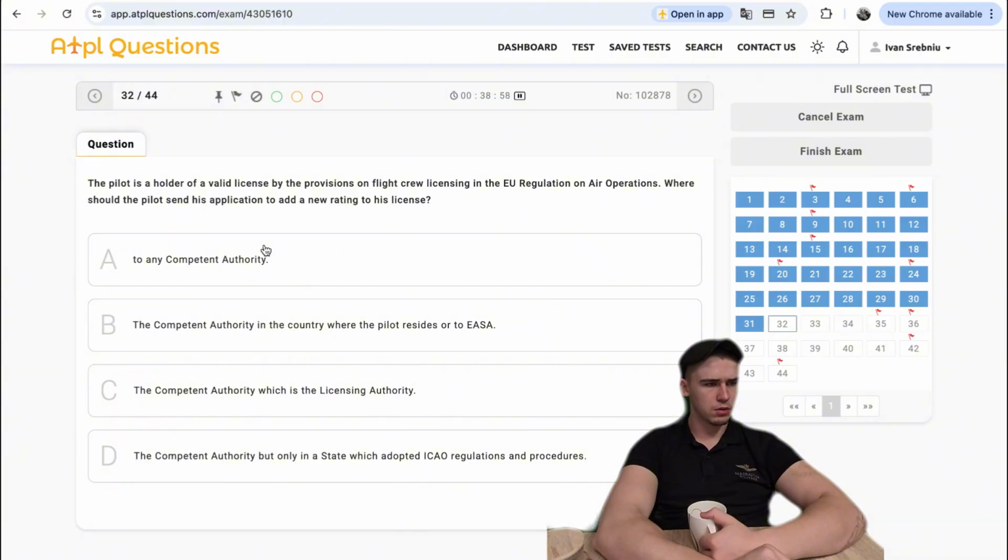The pilot is a holder of a valid license by the provision on flight crew license in the EU regulation and air operations. Where should the pilot send his application to add a new rating to his license? EU regulation is EASA.